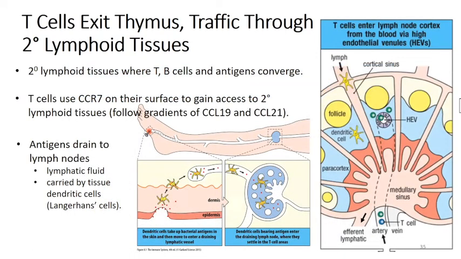They leave the thymus and they traffic through the secondary lymphoid tissues. And on the right here, you can see it's actually very similar to the way. So they enter these lymph nodes, the T cell entering through the trachea and the artery.